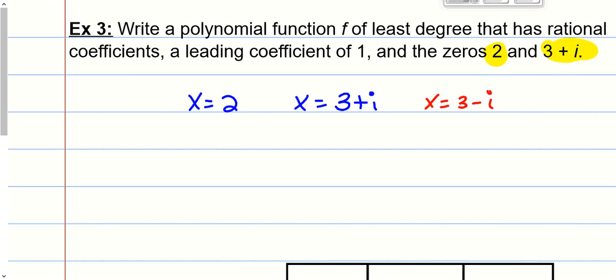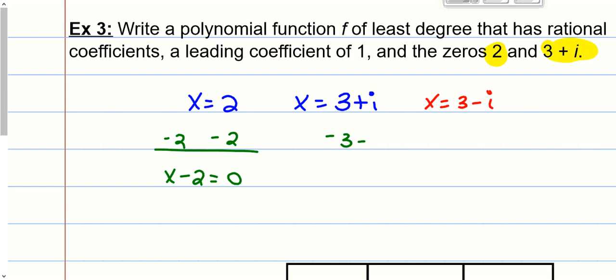So working with that, we are working backwards now because we have all of our solutions. So we now just need to go and get the problem that goes with them. So if I were to subtract 2 from both sides here, I would get x minus 2 equals 0.